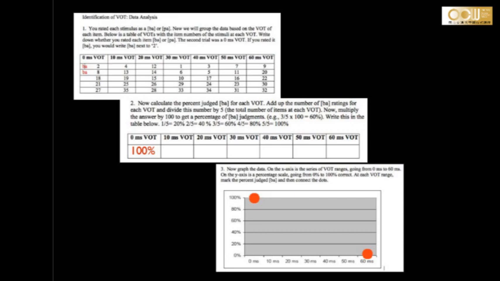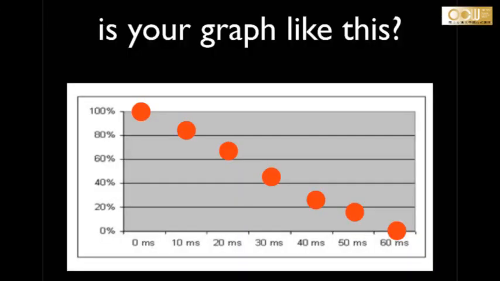If you remember our lecture about VOT, if a consonant has a 0 millisecond VOT, do you think you're most likely to perceive it as a ba or pa? If there is no VOT, there's no puff of air, you're probably most likely perceiving it as a ba. So do you think your graph is like this?